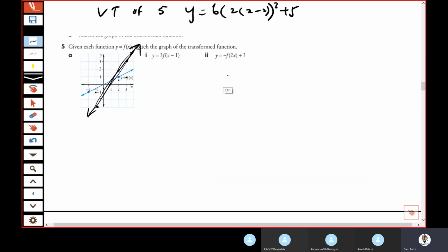Negative f of 2x plus 3. Same thing. You would probably be doing your f of 2x bit first. So what does that do? That does a horizontal dilation of half.